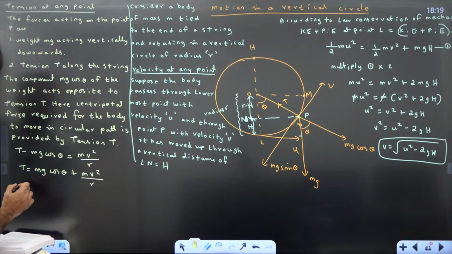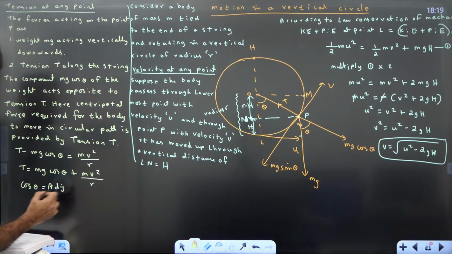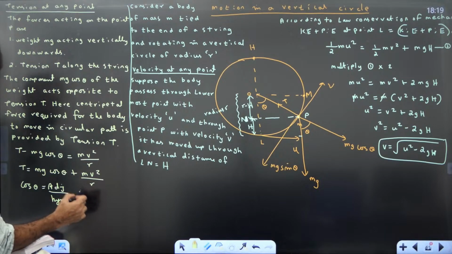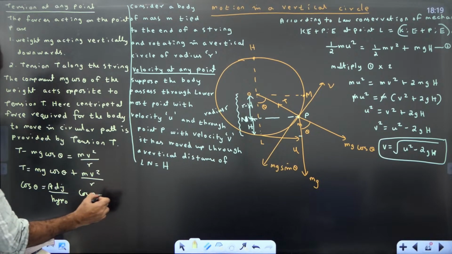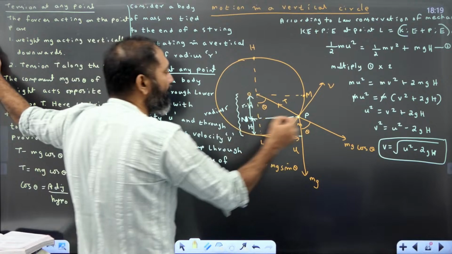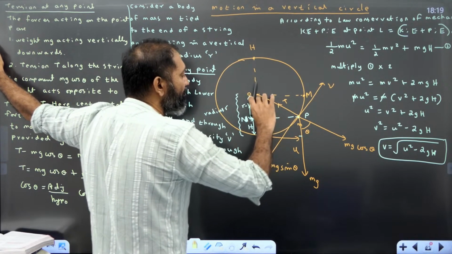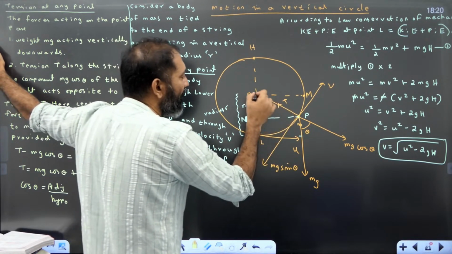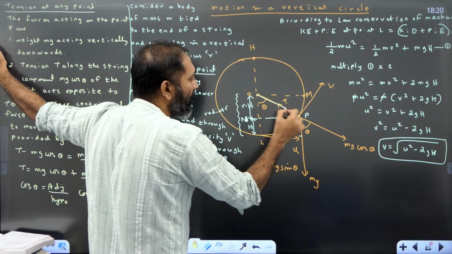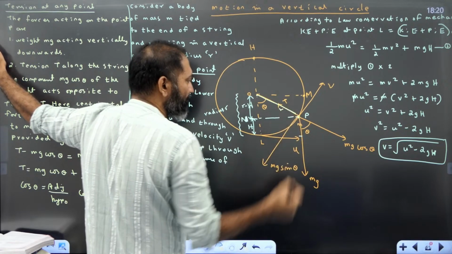Now what is cos theta? Cos theta equal to adjacent side by hypotenuse. From the figure, you can see a right angle triangle here. What is the adjacent side? R minus h. And what is the hypotenuse? Radius.